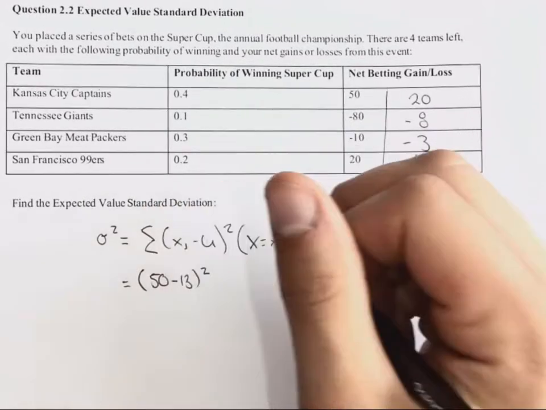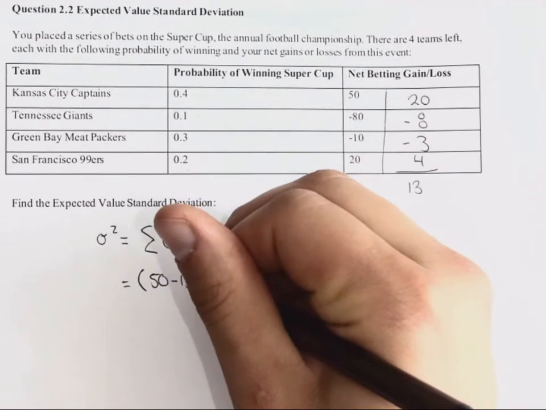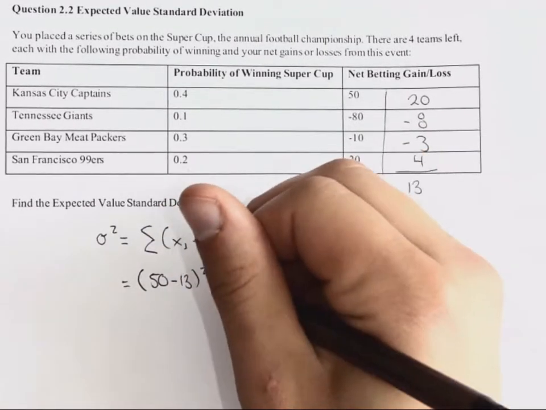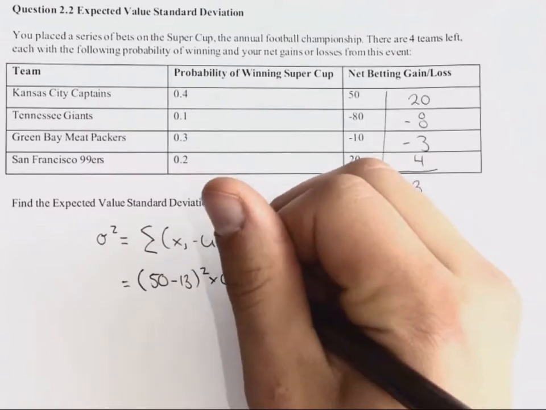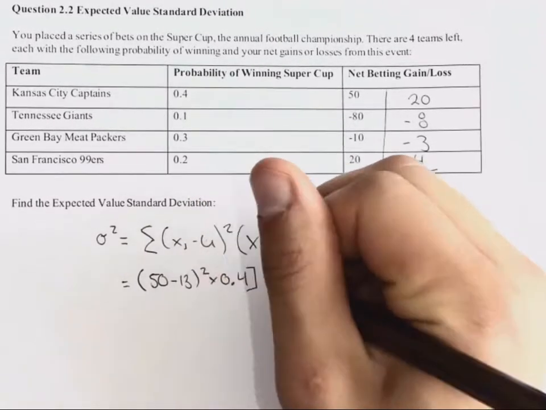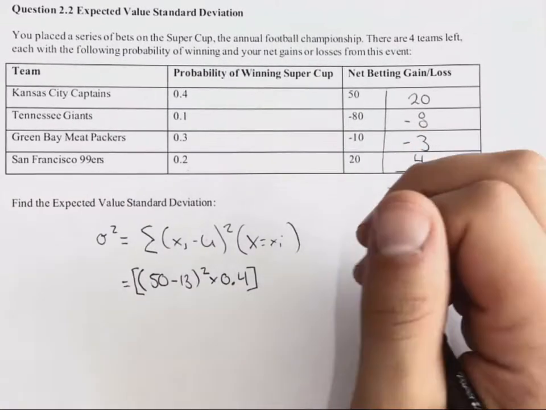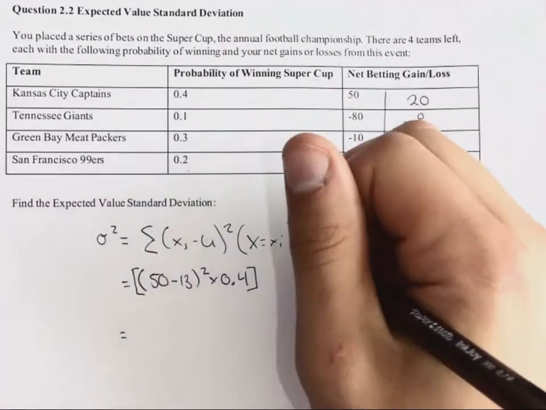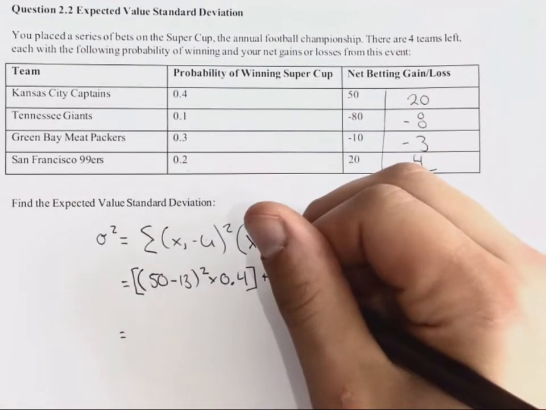We are going to square that, and we can multiply that by the probability of the Kansas City Captains winning the Super Cup. And we can do that for each team here. Since this is the sum, we're going to be adding them all up.